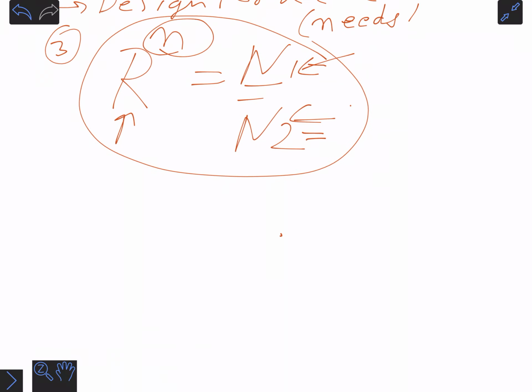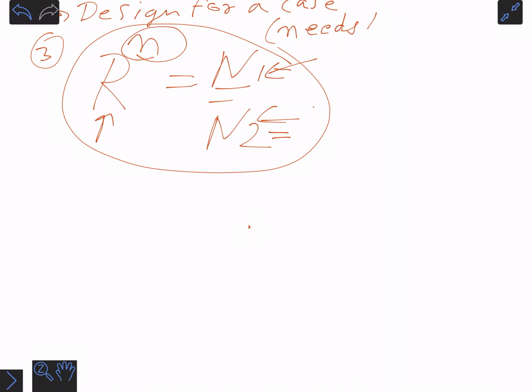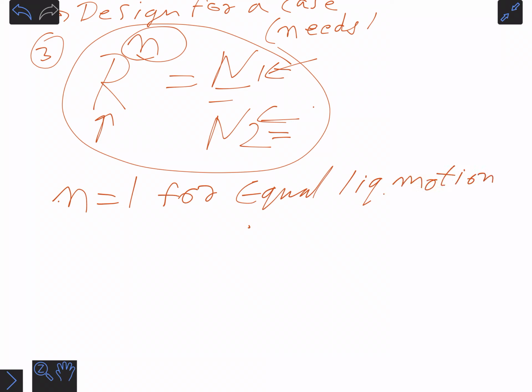Since I told you that I will be explaining various cases one by one, let me explain the first. This exponent n is equal to 1 for equal liquid motion or equal tip speed. Equal tip speed means pi d1 n1 is equal to pi d2 n2.